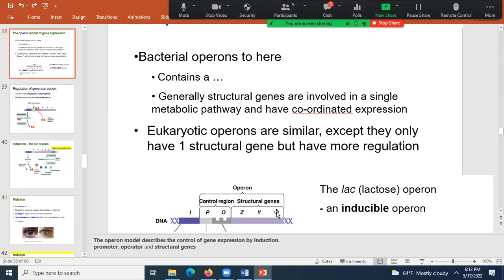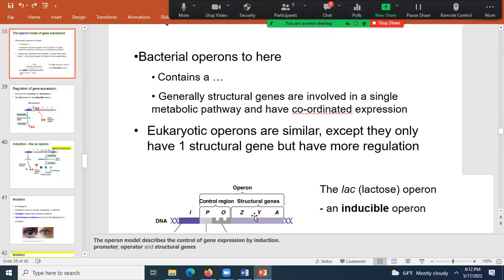The A gene is involved in converting, this is lactose. It's made into beta galactose and glucose. And the A gene is involved in converting beta galactose into glucose. So all 3 of the structural genes in the lac operon are involved in the metabolism of lactose.